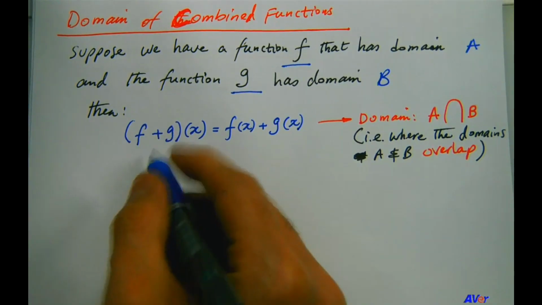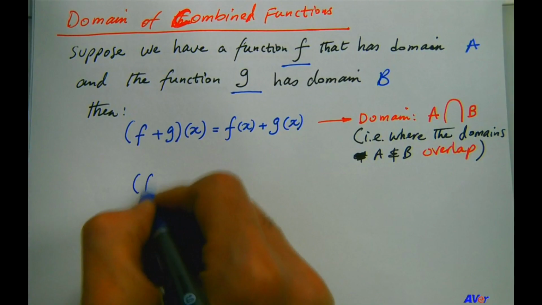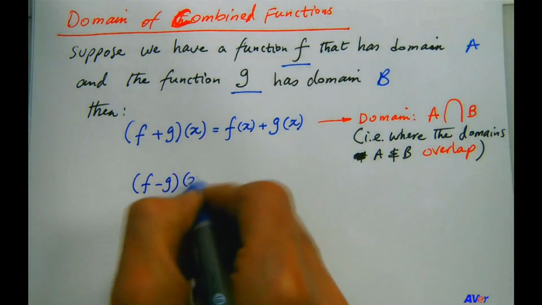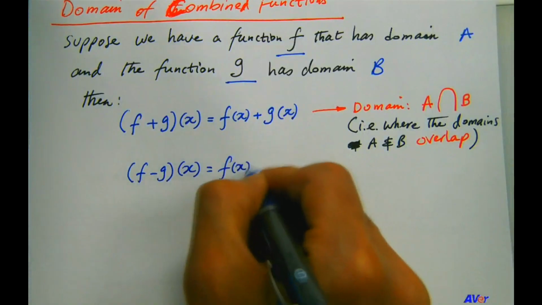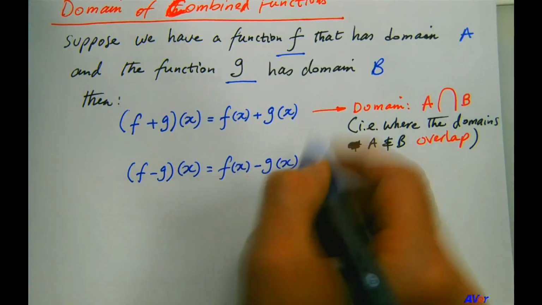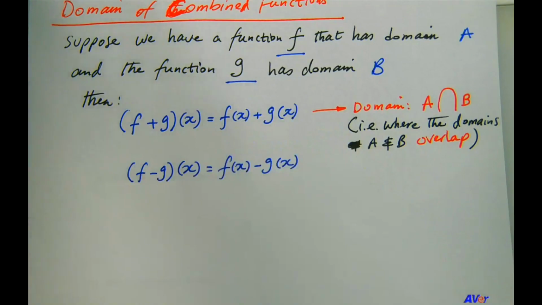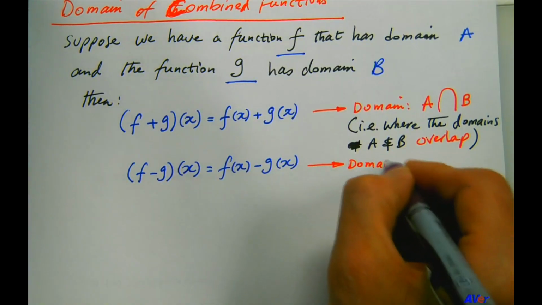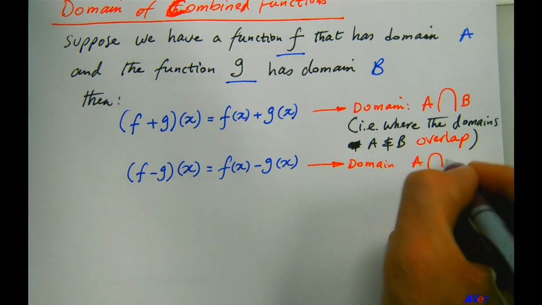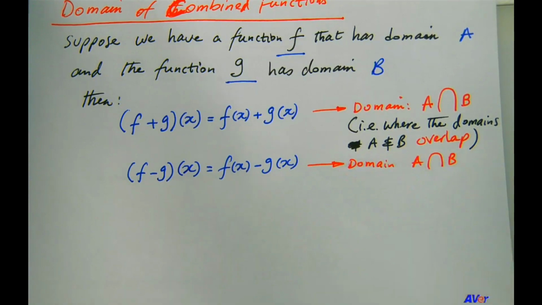Then, if we have the subtraction operation when we combine the functions, the domain, once again, is the intersection, the overlapping domains.